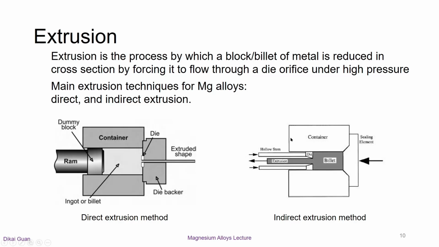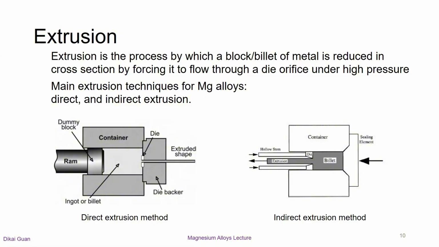In the indirect extrusion process, as depicted in the image, the die at the front end of the hollow stem moves relative to the container, but there is no relative displacement between the billet and the container.